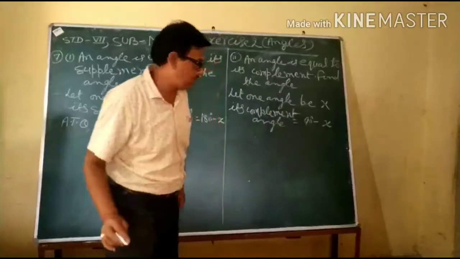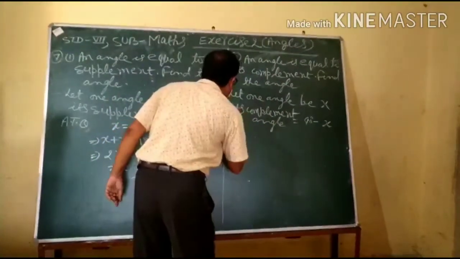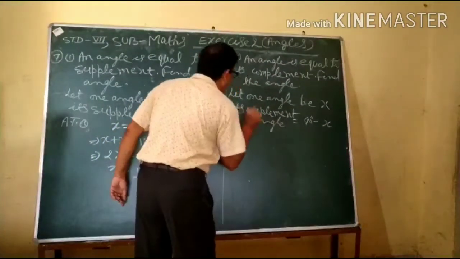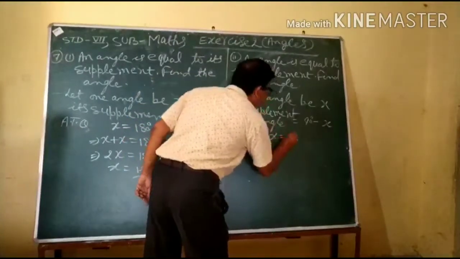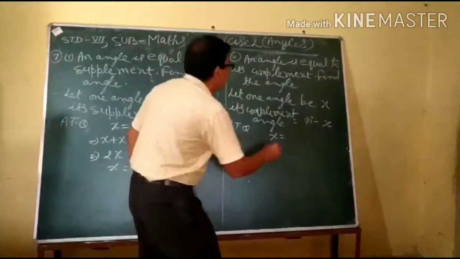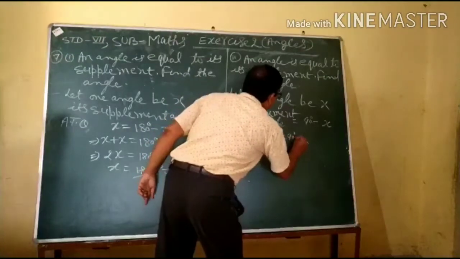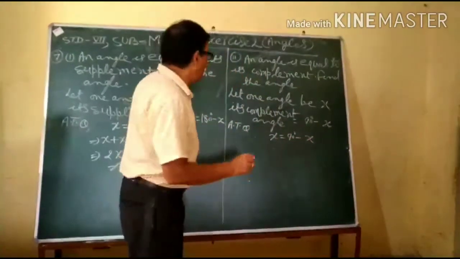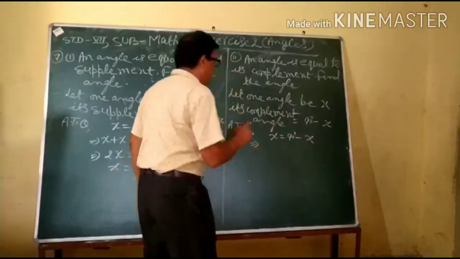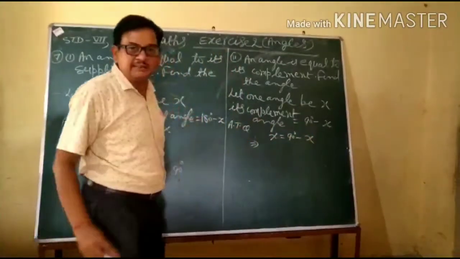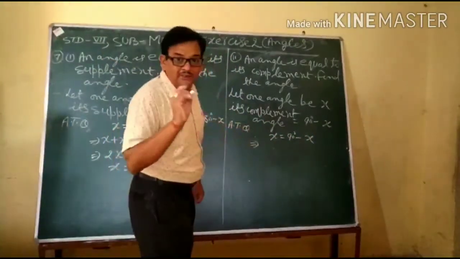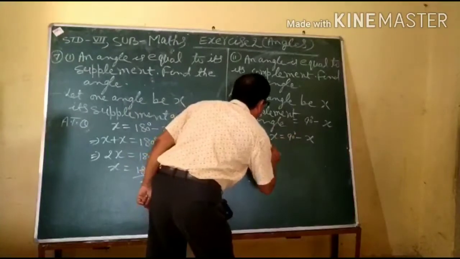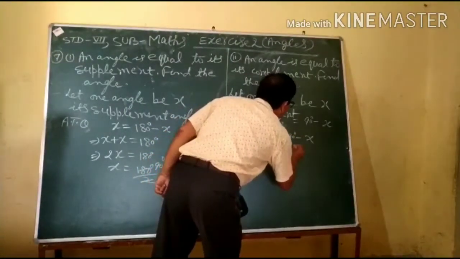Will it be there or not? According to the question, x is equal to what will you write? 90 degrees minus x. To simplify, minus will come to the opposite side, so minus converts into plus. So x plus x equal to 90 degrees.